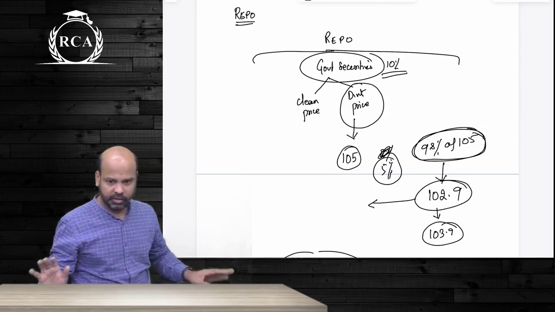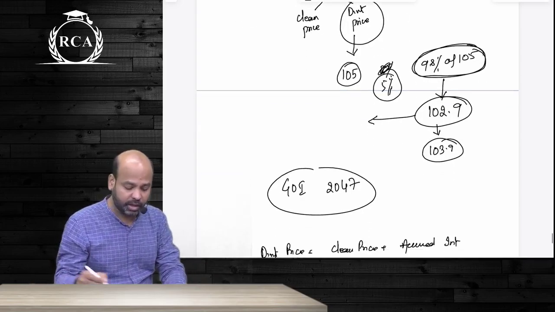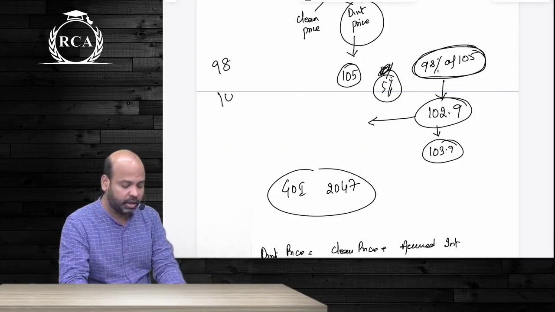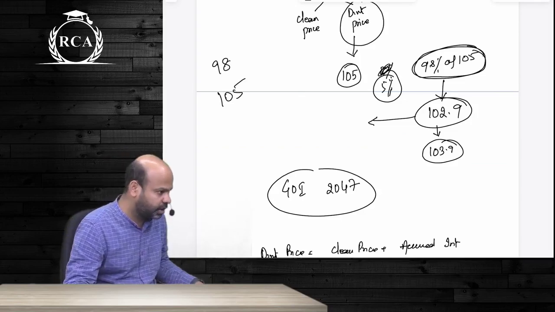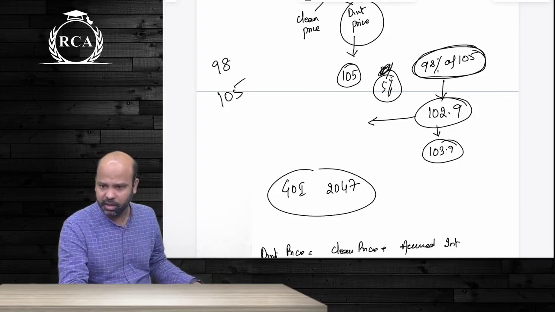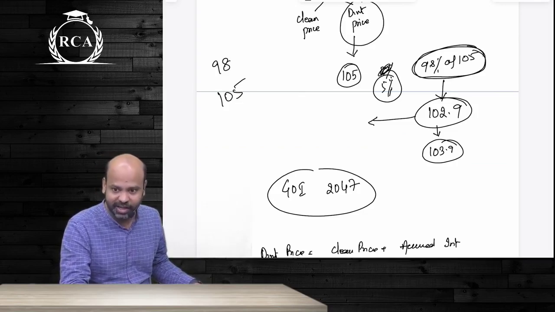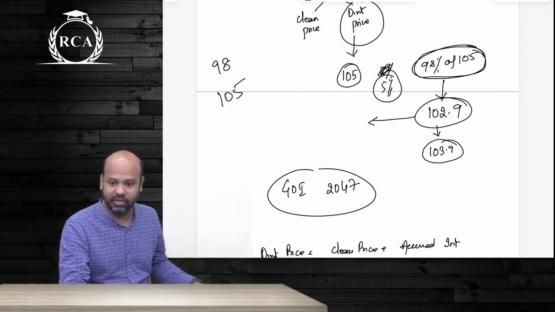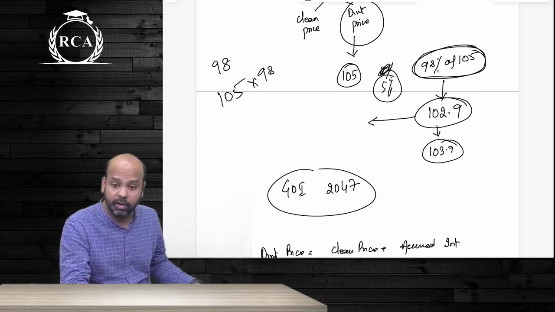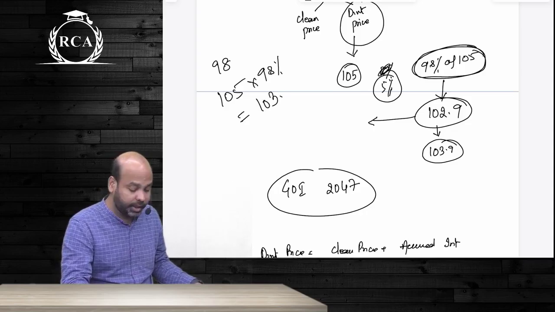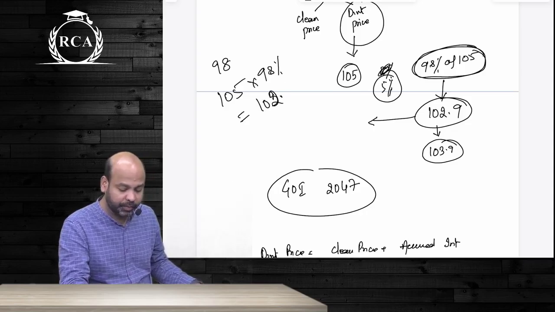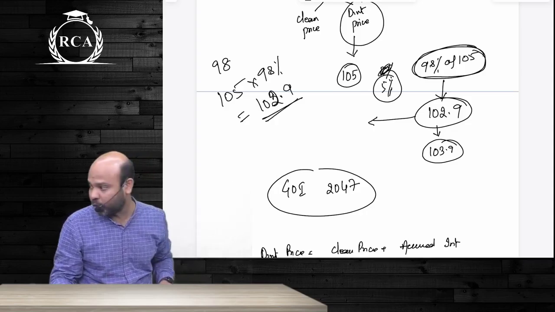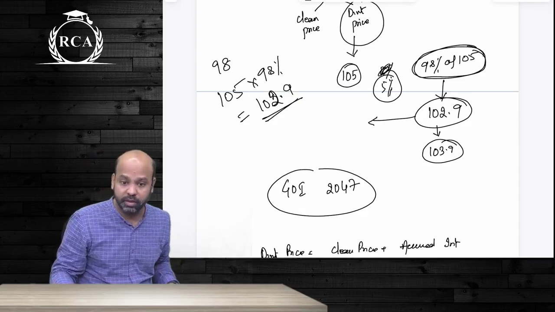Fair value, that is dirt price. In case clean price of a bond is 98 and dirt price is 105 and margin is 2%, they will give you 98% of 105 rupees. How much will this become? 102.9. They will be giving you an amount of 102.9 rupees.